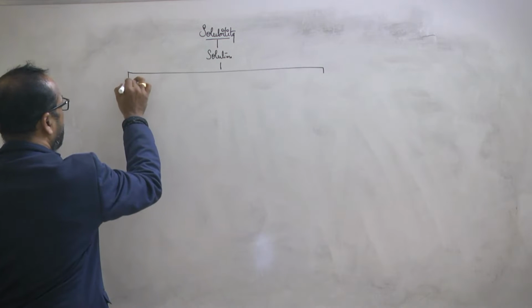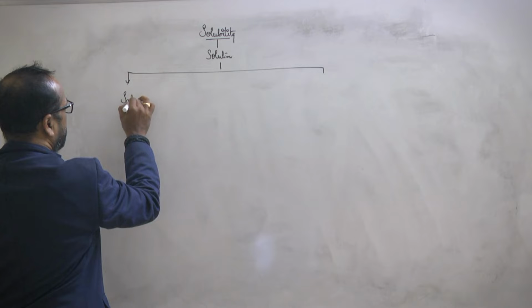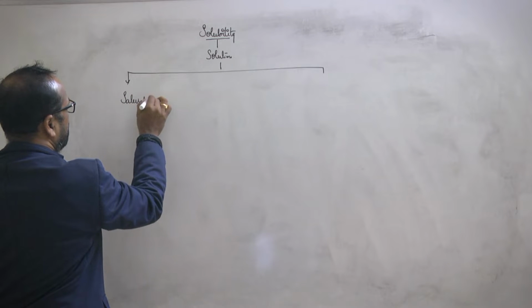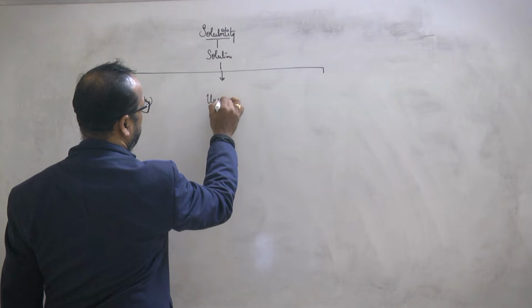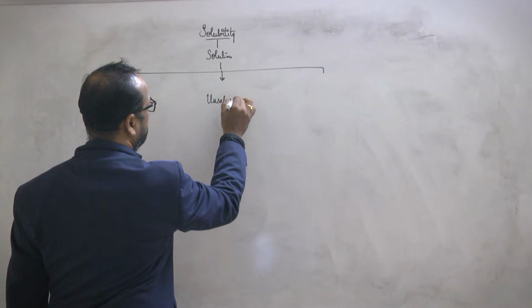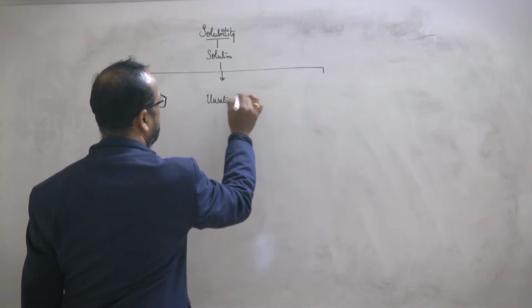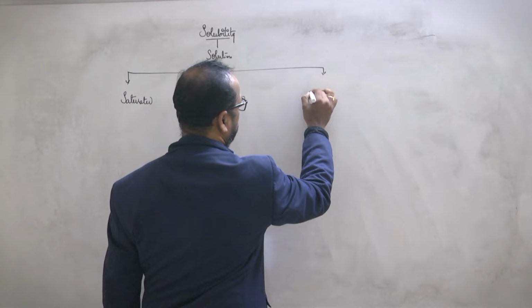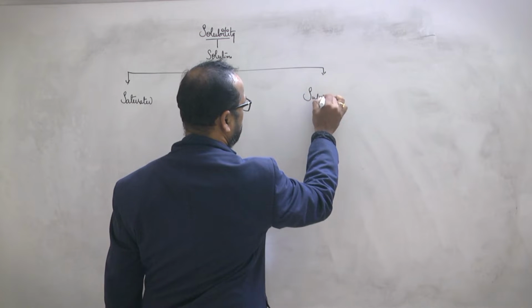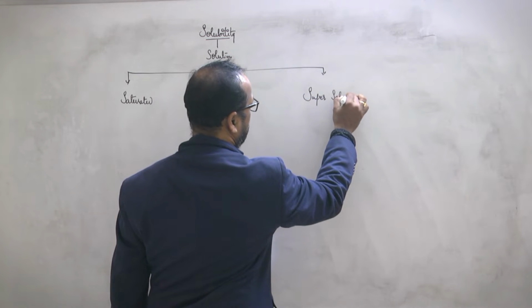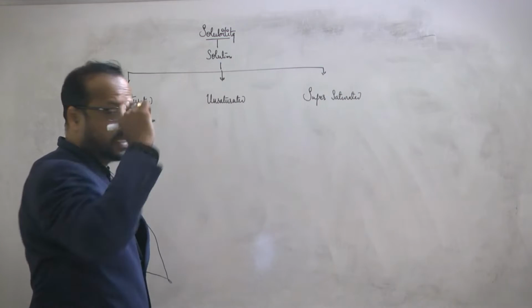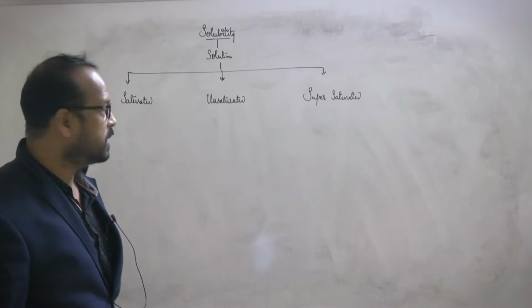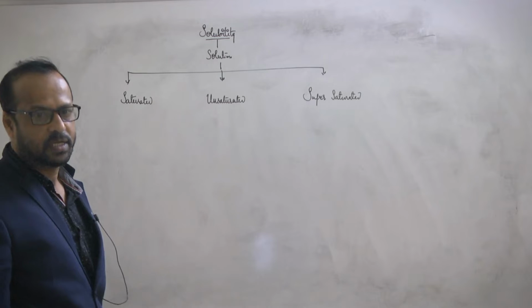One is called saturated, the second is unsaturated, and the third is supersaturated. So these are the three types of solutions: saturated, unsaturated, supersaturated.